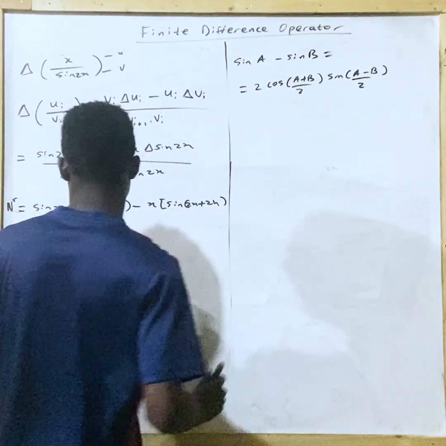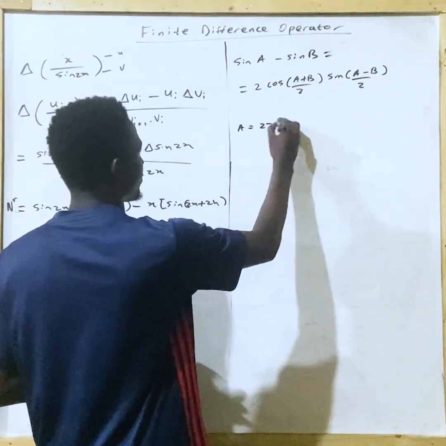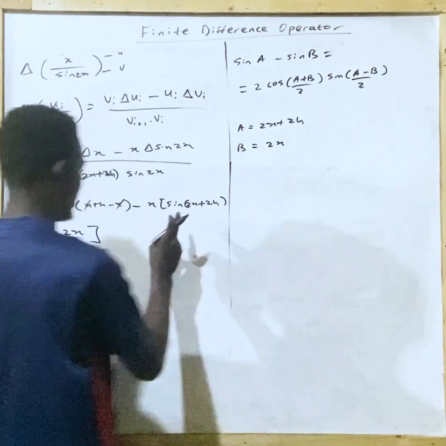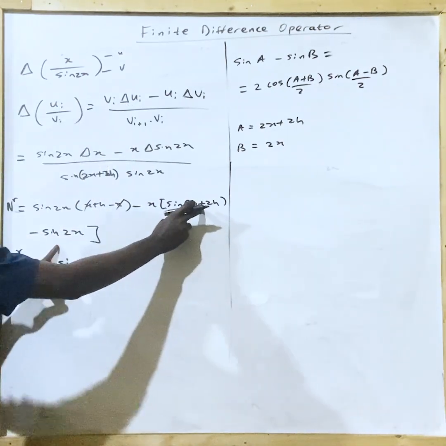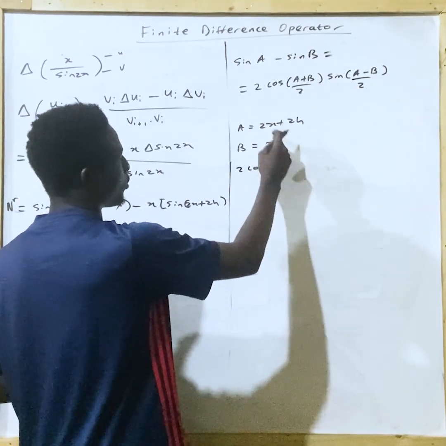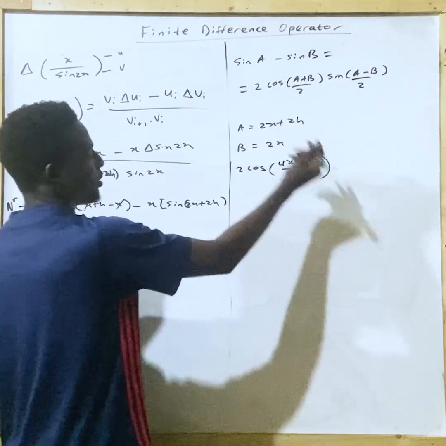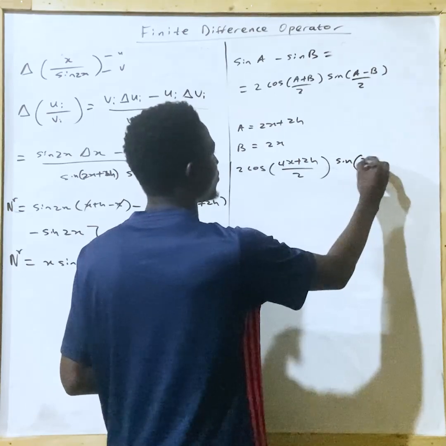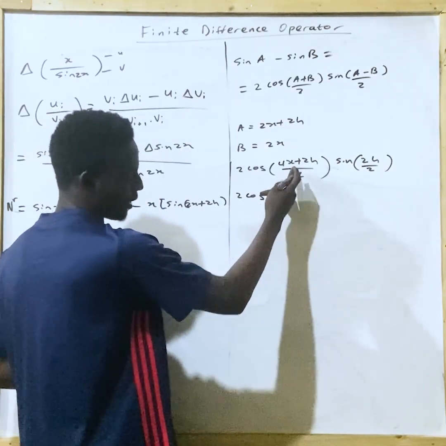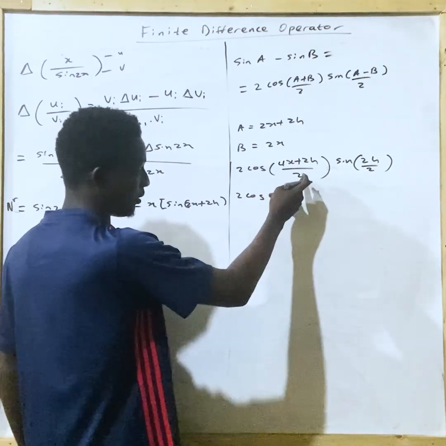So upon simplifying, since my A is 2x plus 2h and my B is 2x, this expression will turn to 2 cos of (A plus B, that's 4x plus 2h) over 2, and sine of (A minus B, that's 2h) over 2. So I can factorize 2 here and use it to cancel the 2 at the denominator.